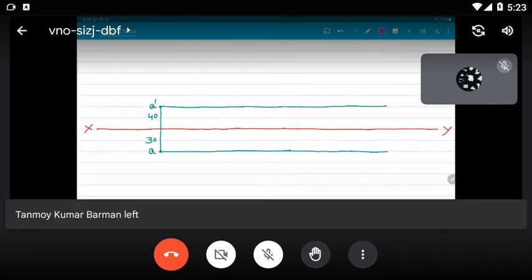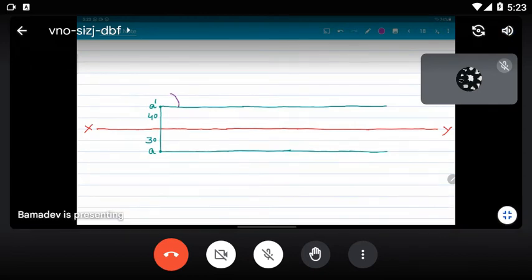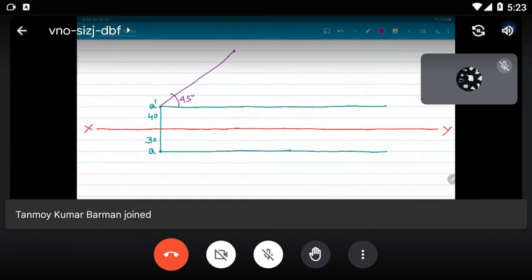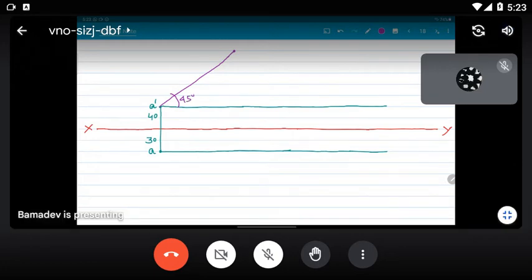It makes 45 degree. Then draw 45 degree. This point is B dash. This is 70.